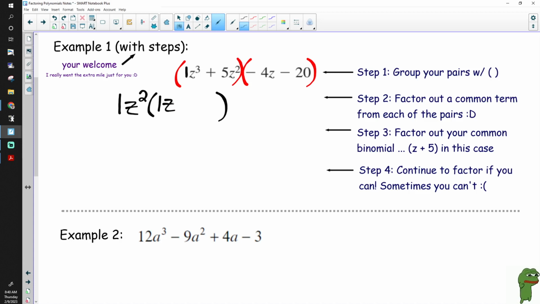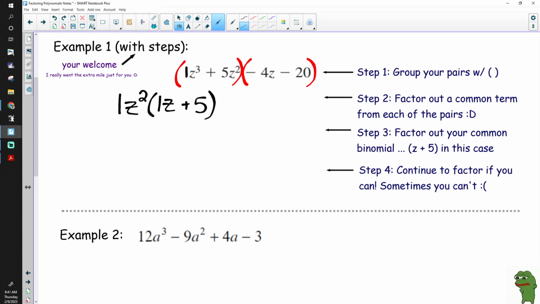If I take away both z's from the 5, what's going to be left? Just the 5. 1z plus 5 is all that is left. Our goal here is taking out as much as you can. The most we could take out was a 1, and the most we could take out from our variables was a z squared.